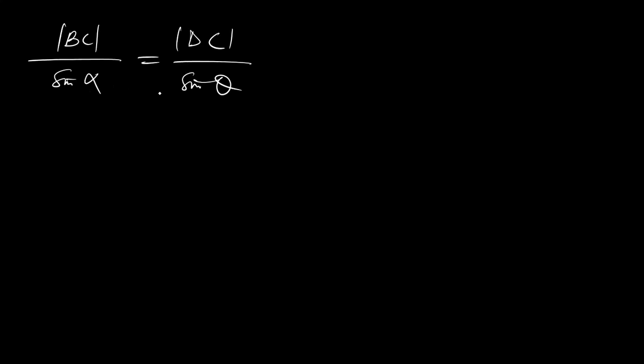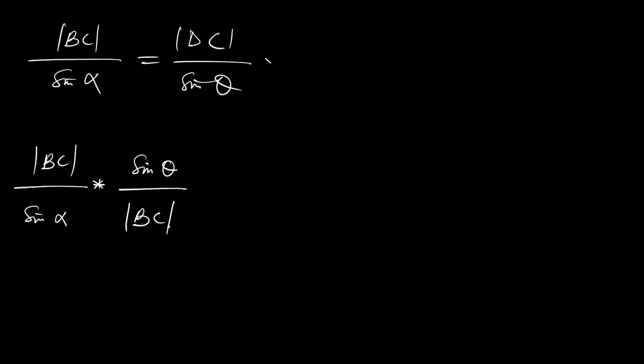So now I will multiply. Let me just do it down here. I'll say BC all over sine alpha. I will multiply this with sine theta divided by BC, equal to DC all over sine theta times this same value that I used to multiply both sides.